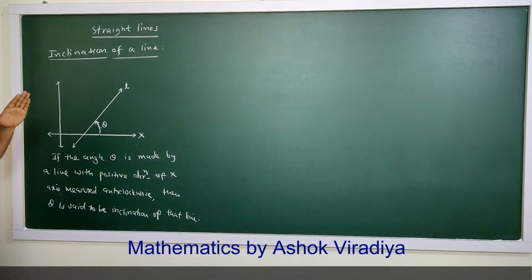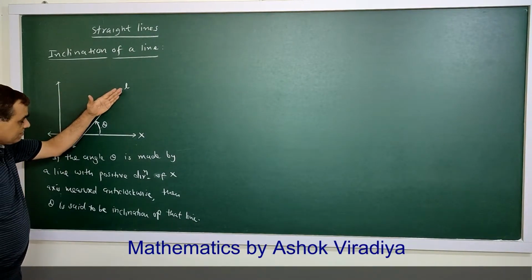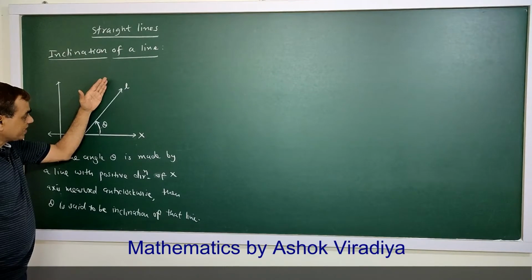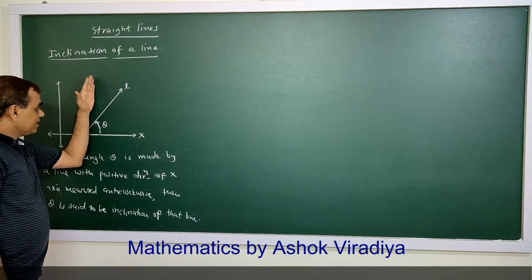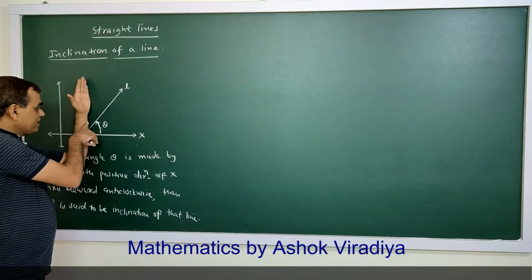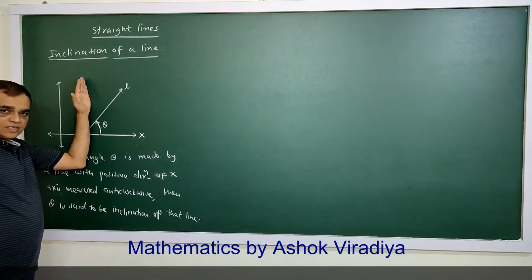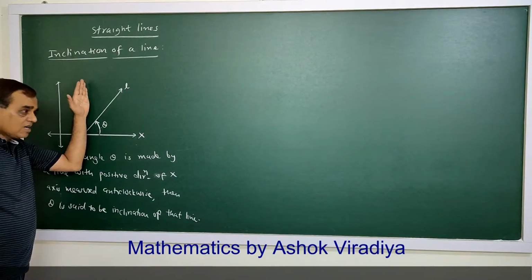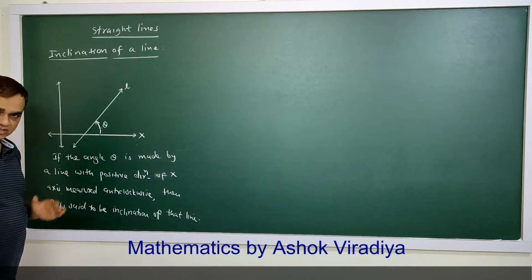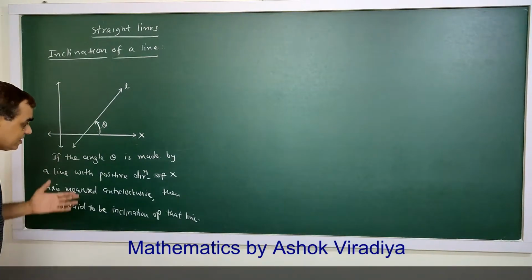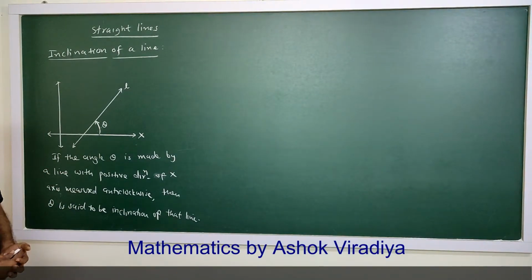Now if I rotate this line, increasing theta in the anti-clockwise direction, and the line is perpendicular to the x-axis, then theta will be 90 degrees. If the line is vertical, or parallel to the y-axis, or overlaps the y-axis, then theta is 90 degrees.